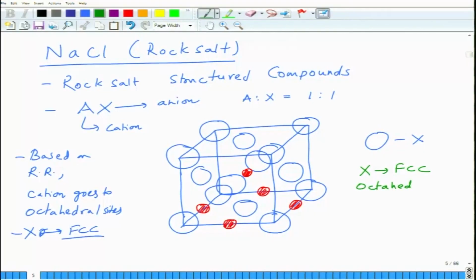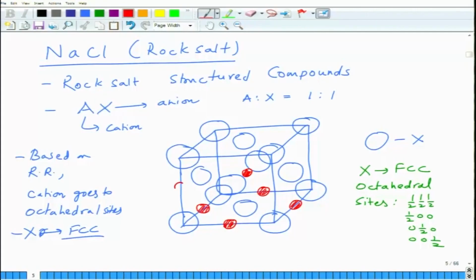Octahedral sites are at half half half, and then half 0 0, 0 half 0 and 0 0 half, basically center of the edges.